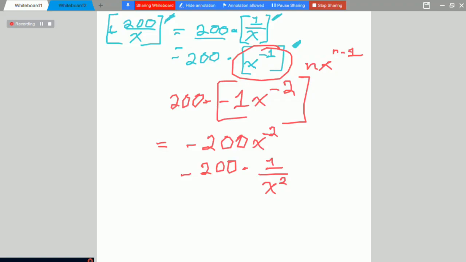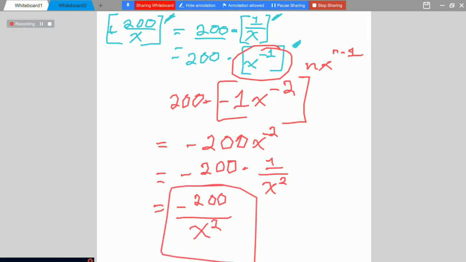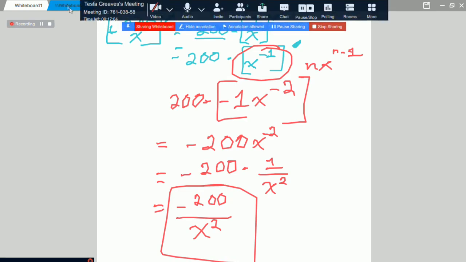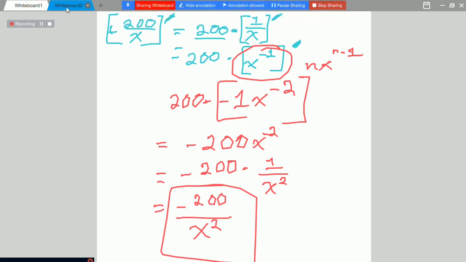So negative 200 times x to the negative 2 is also written as negative 200 times 1 over x squared, which can also be written as negative 200 over x squared. Hopefully that makes sense. If not, we could go back to the calculator, but for now, we're just going to continue on with the rest of our problems. And one second here, I'm just going to delete this page. So take a quick snapshot, or you can pause it right here.